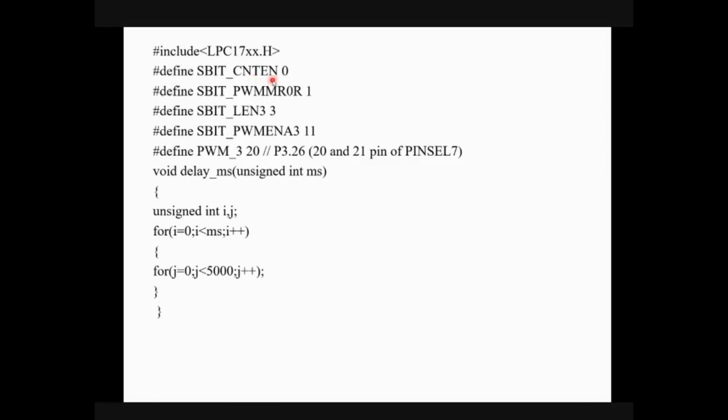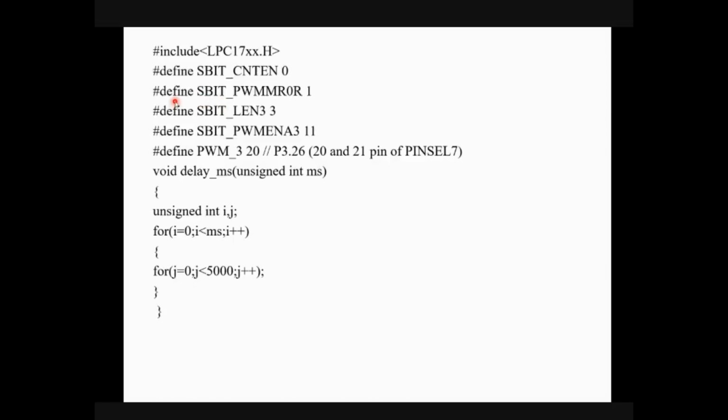CNT means counter enable, and S means single bit. Just for our analysis, we are naming it single bit counter enable. And we are selecting the 0th bit. Why the 0th bit? Because we have to select the 0th bit in the timer counter register to enable the counter.